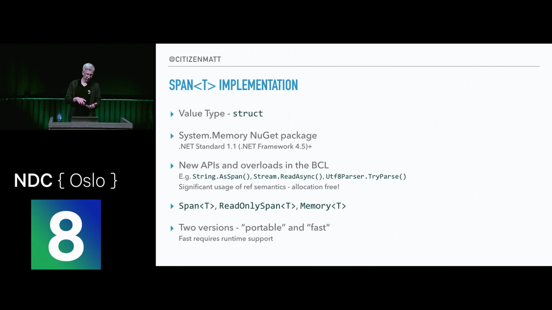And it's really a handful of types. You've got Span<T> and ReadOnlySpan<T>, which I've already mentioned. There's also Memory<T>, which is an interesting one. It allows you to work around the limitations of Span<T> being a struct. I'll talk a bit more about that in a sec. There are also two versions. On down-level versions of the .NET Framework there's a portable version, and then there's effectively a fast version.